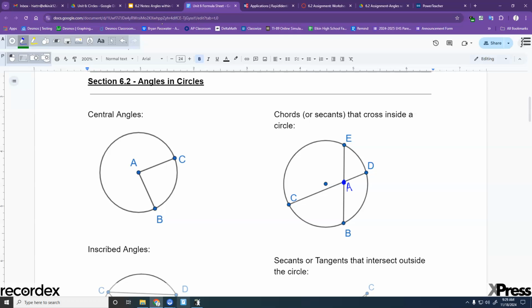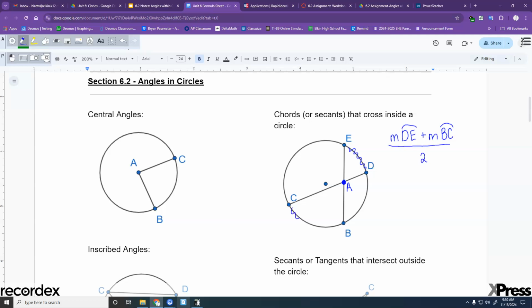So I'm going to write it out in symbols, but then we'll also just do an example for it as well. So the measure of arc DE, so this arc right here, plus the measure of arc BC divided by 2.